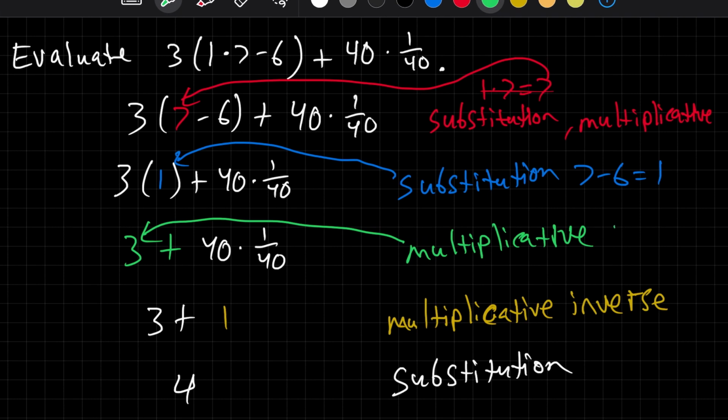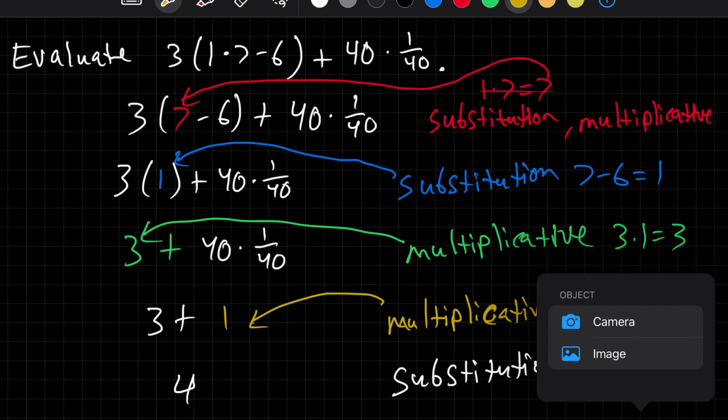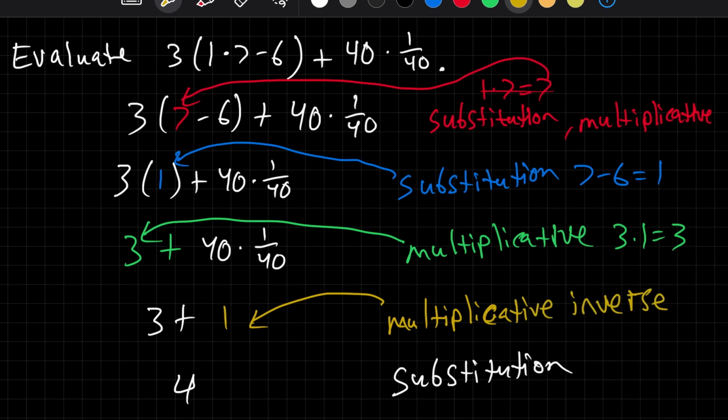What did we do here for the multiplicative? We did 3 times 1 is 3. And here, what did we do? Well, we did 40 times 1 over 40 is equal to 1. And then what substitution did we do here? 3 plus 1 is equal to 4. So we plugged in 4.